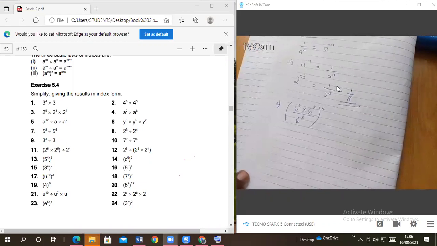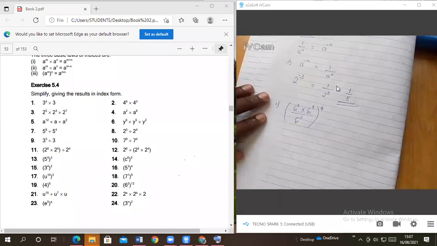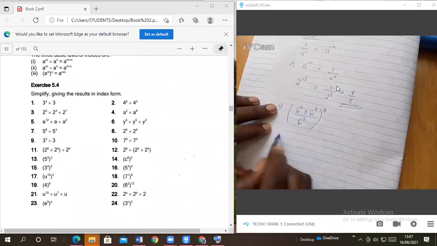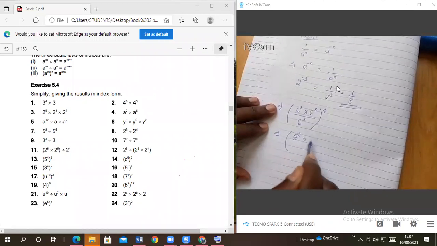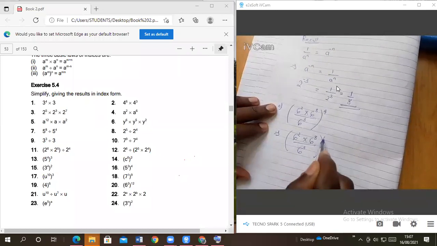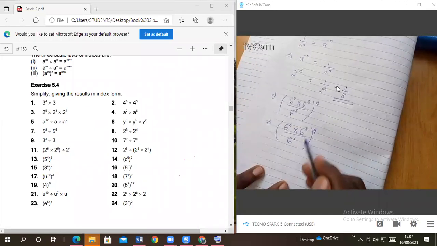We're just going to apply the laws one by one. So here we have all the 3 laws: the multiplication law, the division law, and the power law. This power you are seeing here is for both numerator and denominator.